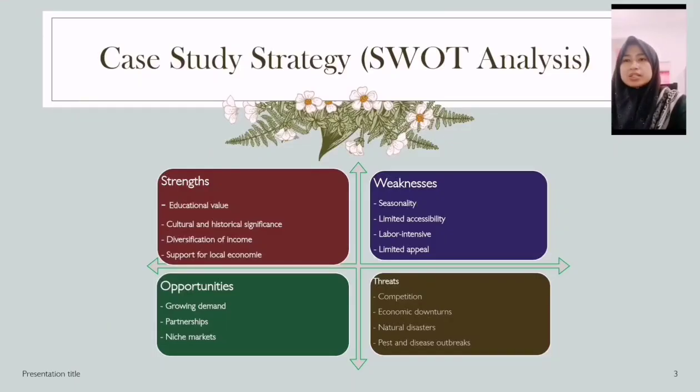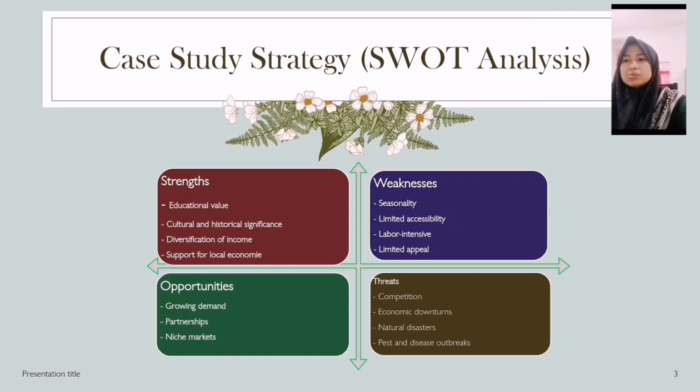Okay, so we can see on the second slide the SWOT analysis. Strength is divided into four, the first being educational value. Agritourism can provide educational opportunities for visitors, particularly for children, to learn about where their food comes from and how it is produced, and the cultural and historic significance.